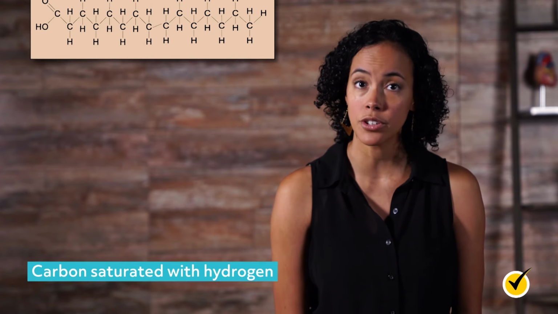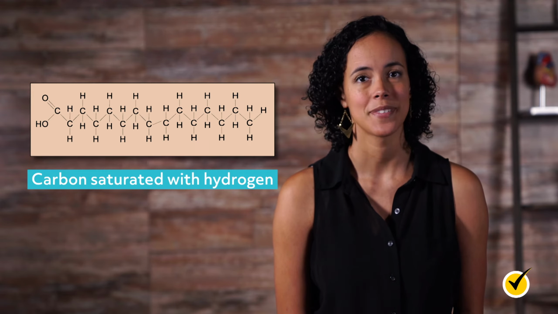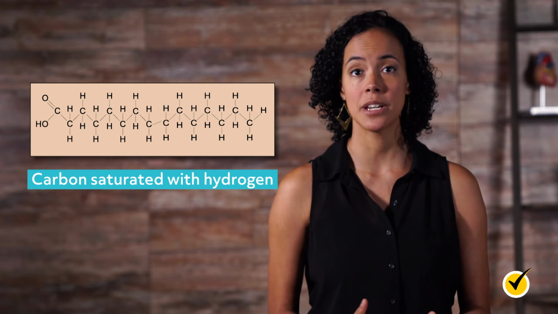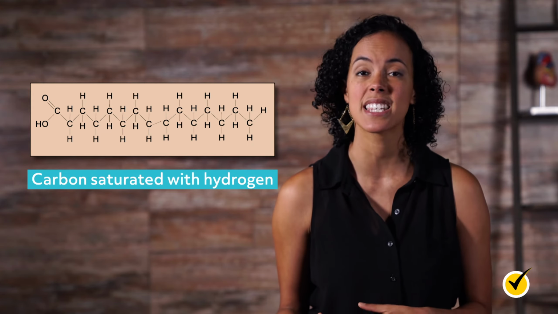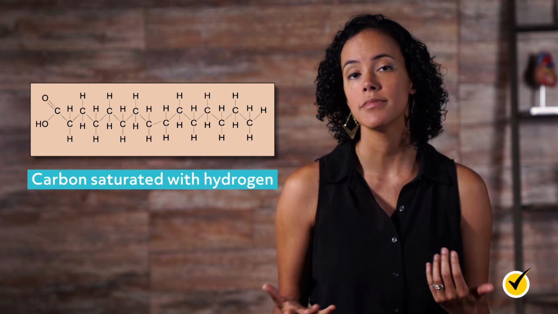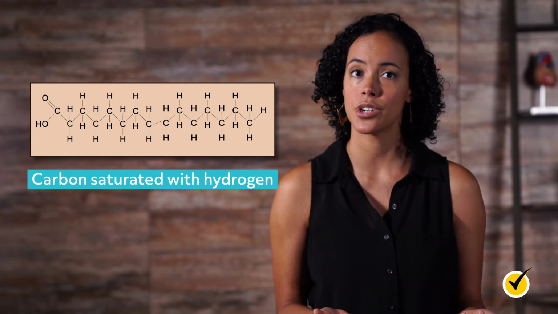The hydrocarbon chains vary greatly in length, level of saturation, and geometry. In this context, saturation means that the carbon chain has the maximum number of hydrogens. In other words, the carbon is saturated with hydrogen. In an unsaturated fat, some of the hydrogens have been replaced with double bonds.